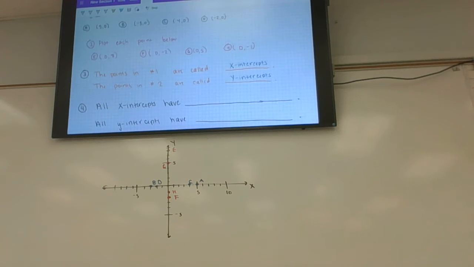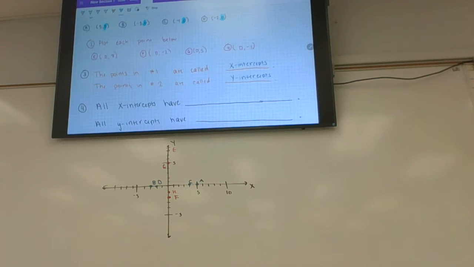Okay, last part of this, and then we'll move on. All x-intercepts have what? Let's make a statement. What do the points in number one all have in common? They're on the X coordinates. Zeros. They all have zeros. Yes, every single one. That's not a coincidence, it's a fact.